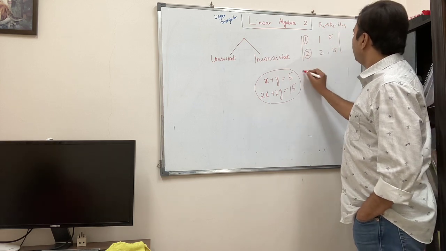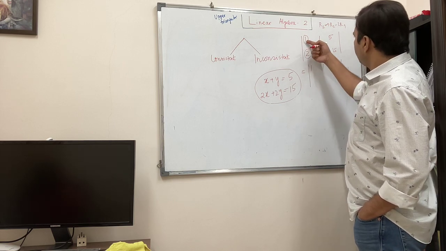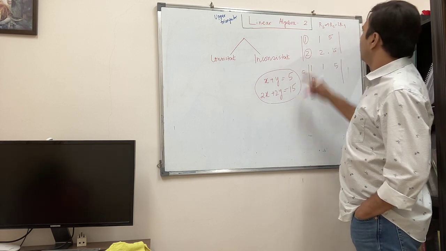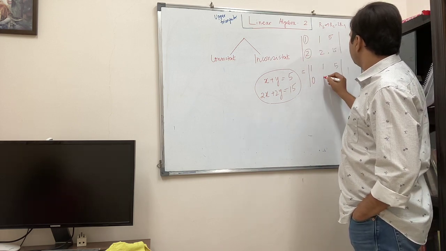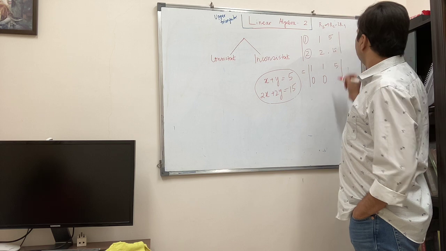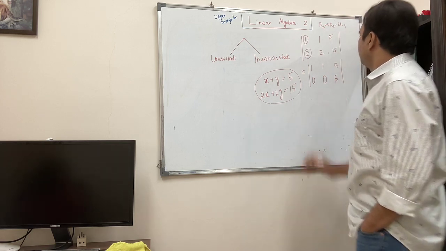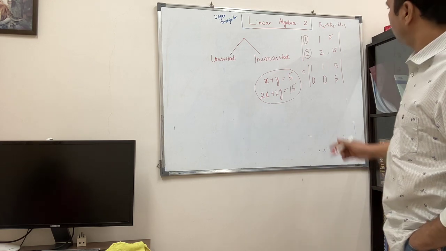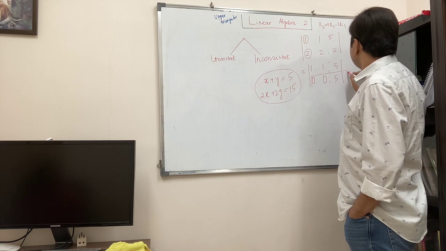If I do that, this will be 1, 1, 5, and the second row will be 1 minus 2 times 1, that is 0, again 2 minus 2 times 1 is 0, and 15 minus 2 times 5 is equal to 5. You see that, what does this tell me? If you see this equation, what is it telling me?